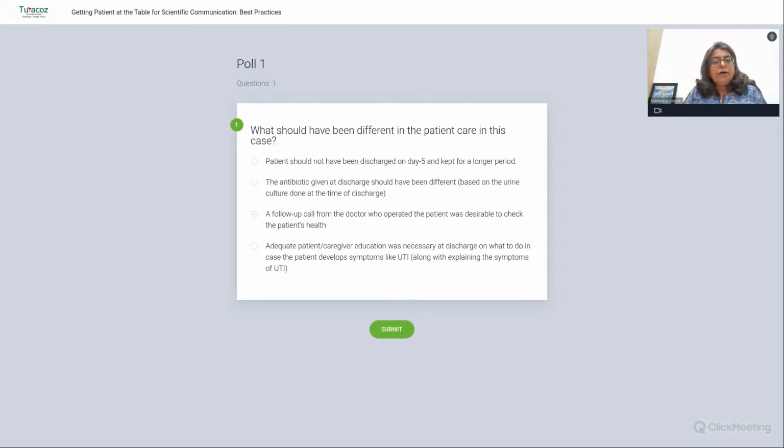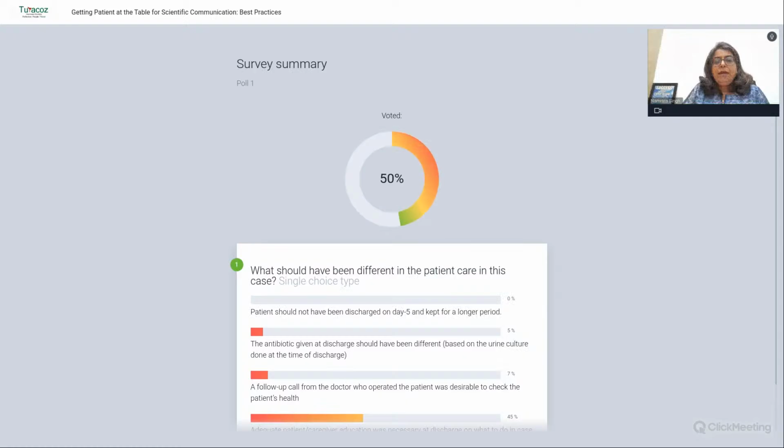So fine, we have the responses now, and the majority of you have opted for option 4. Yes, that is obviously important. I think the other options are also relevant, but I would not place them as the number one option here.